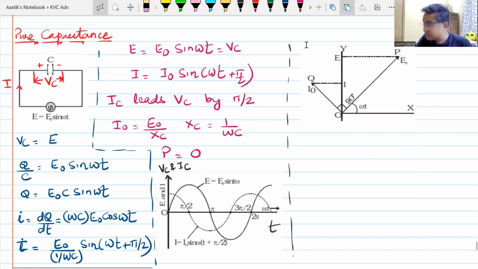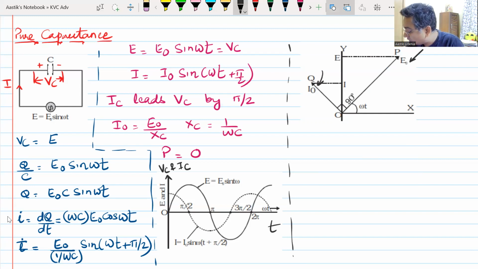I could also draw the phasor like this. Where the voltage is here, the current across is here. I could have also drawn it in this fashion.